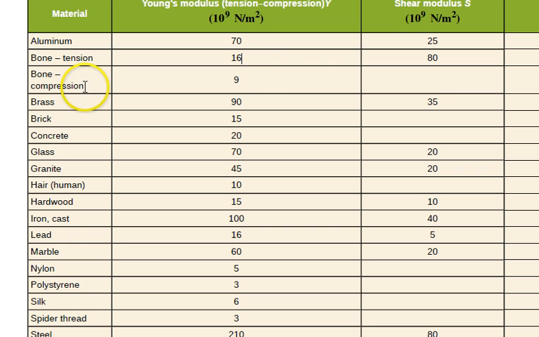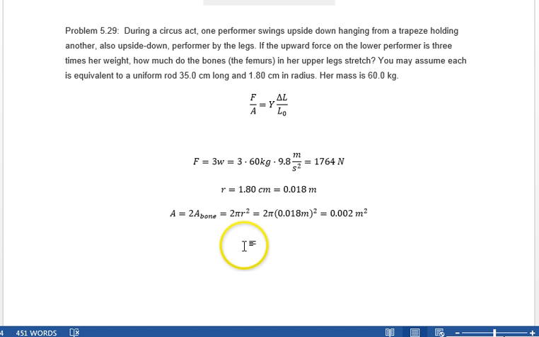Under compression, if you're standing up and putting pressure on the bones that way, it's just 9 times 10 to the 9th newtons per meter squared. All right, but what we're after is 16 times 10 to the 9th newtons per meter squared. So we have Young's modulus is 16 times 10 to the 9th newtons per meter squared.